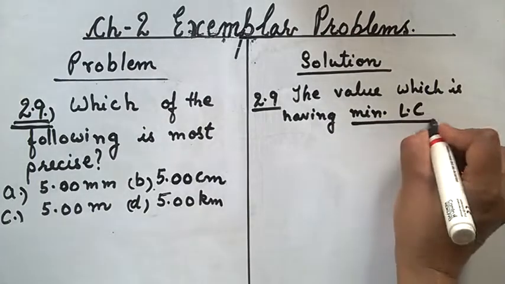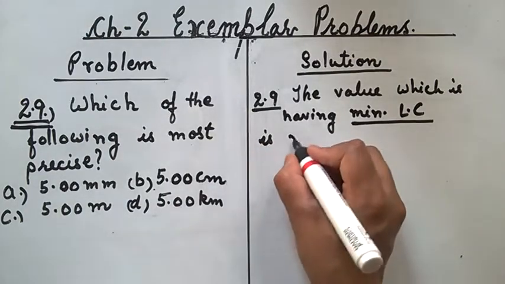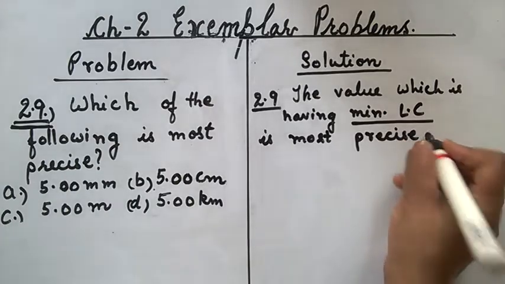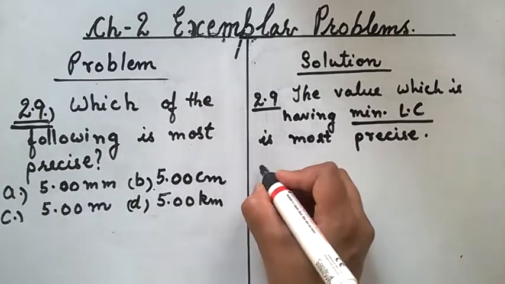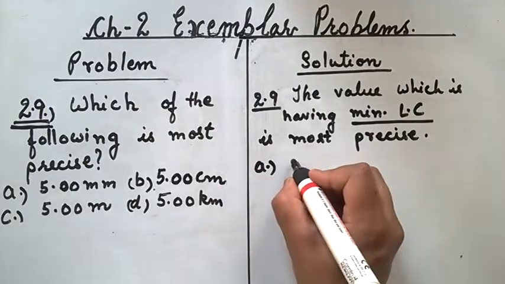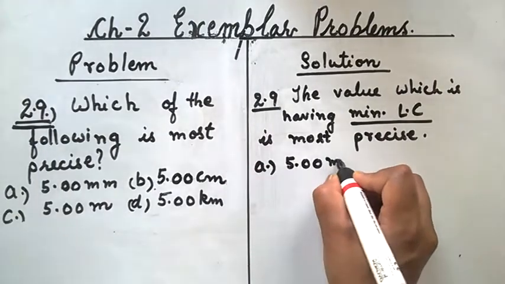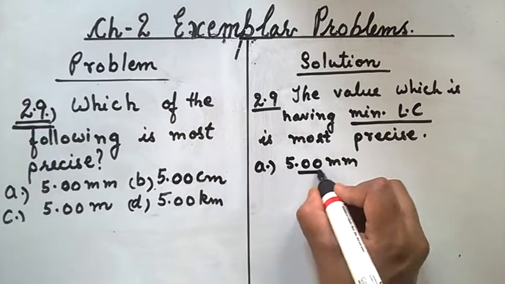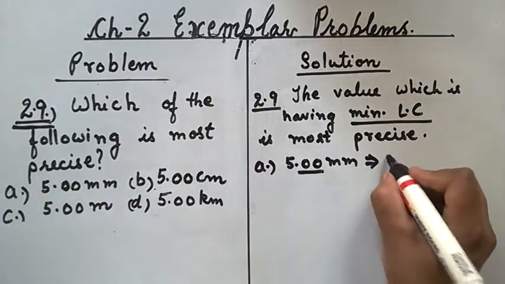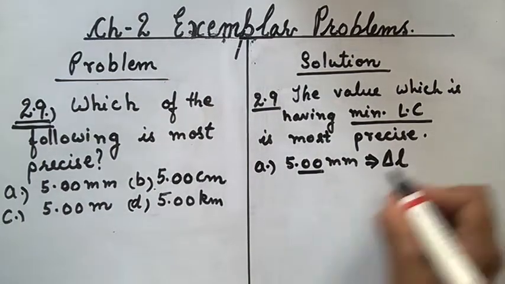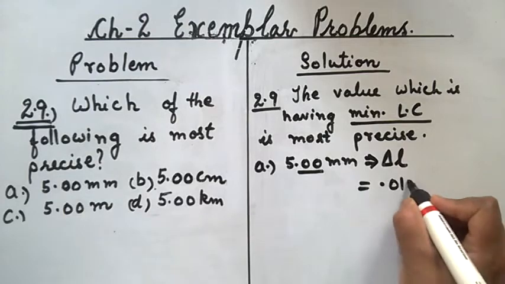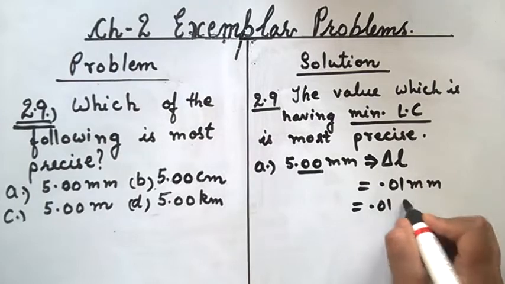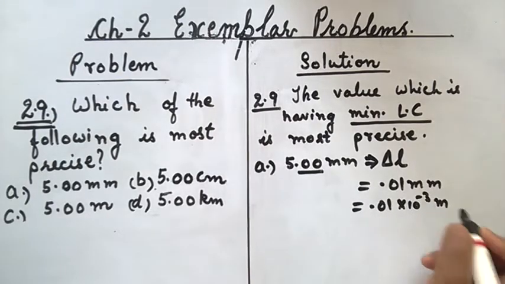So we will calculate the least count. Least count of 5.00 millimeter: it is precise up to 2 decimals, so its least count is 0.01 millimeter, or 0.01 into 10 raised to the power minus 3 meter.